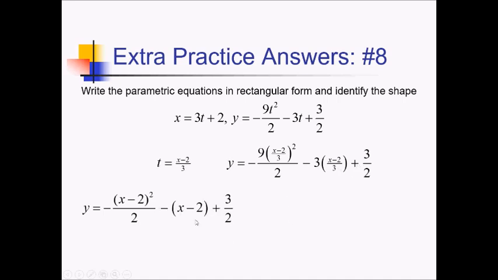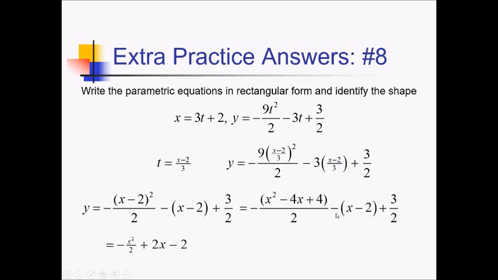Let me go a little bit further. This (x minus 2) squared, I can expand that. That's x squared minus 4x plus 4, all over 2. And then let me go a little bit further. So I can divide all of these things by negative 2, essentially. So we have negative x squared over 2, or negative 1/2 x squared. And then we'll have positive 2x minus 2.